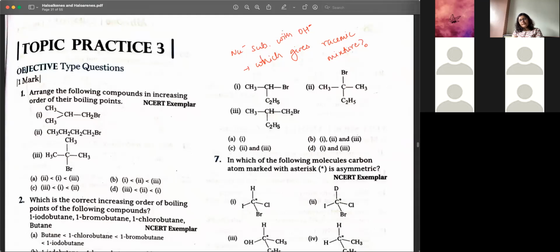So they're indirectly asking you in which case are you going to find SN1 mechanism happening.